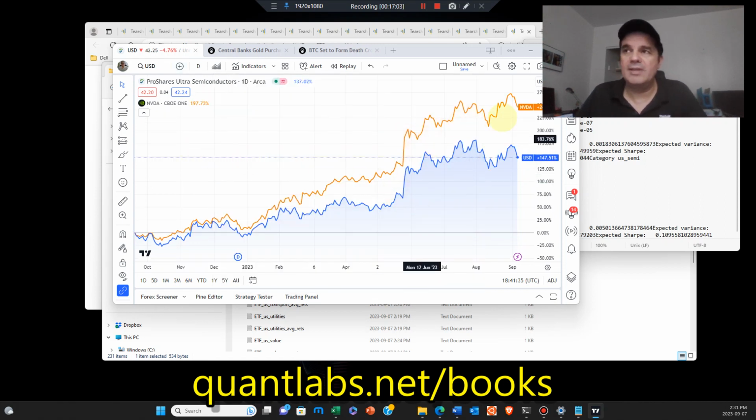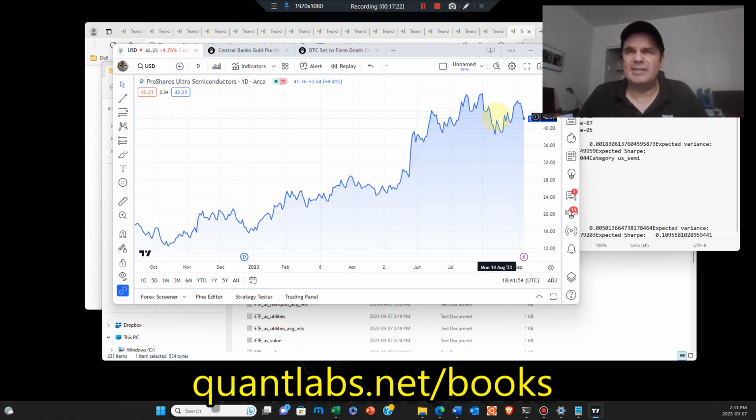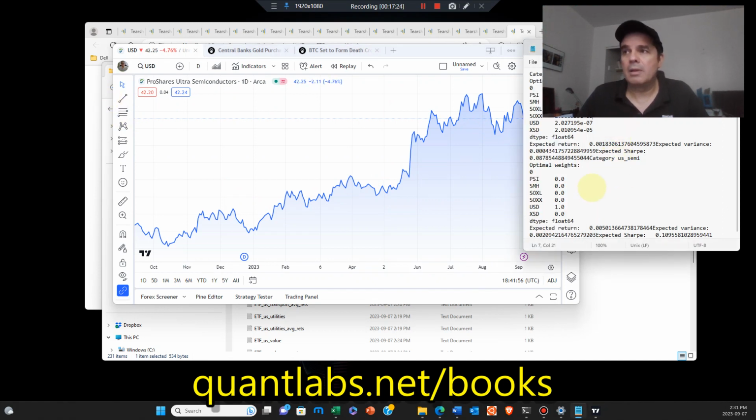Okay, so NVIDIA is outperforming this one. But what can happen is if it's a large stock, it can go through a downswing. But this one seems to be heavily concentrated on NVIDIA. But that's a really nice ETF, this USD. And that's all you have for the semiconductors. So let me close that off.